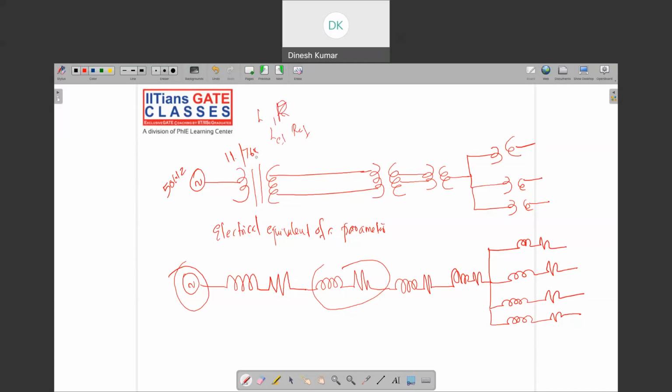If you refer to primary or secondary, the impedance value is different, right? Because there will be a transformation ratio playing a role, whether you refer to primary or secondary. But if you refer everything in per unit, the per unit value is the same for a transformer in primary and secondary, right?